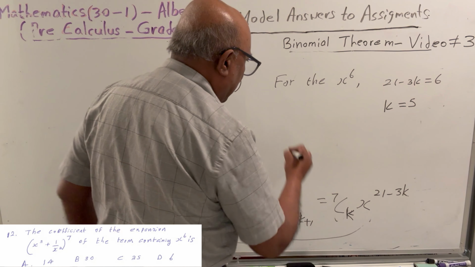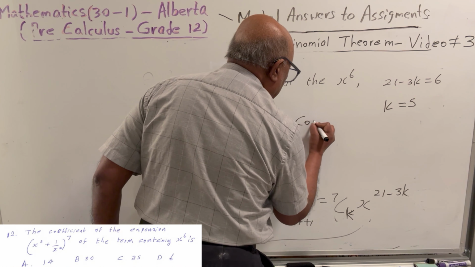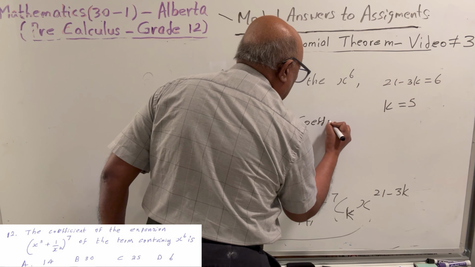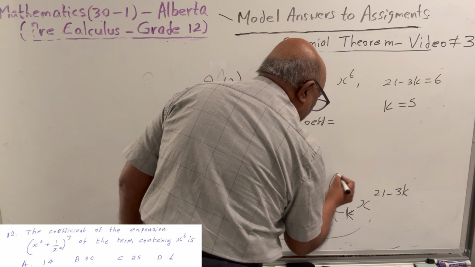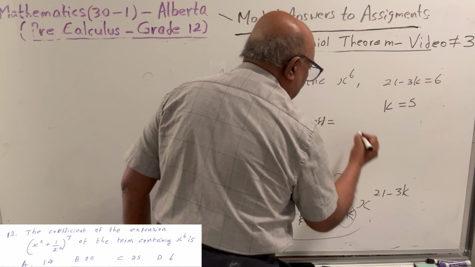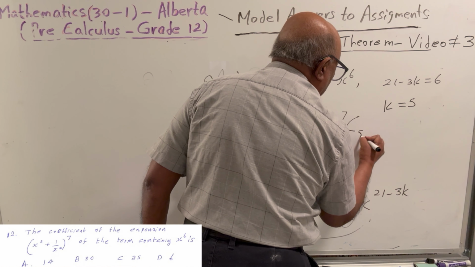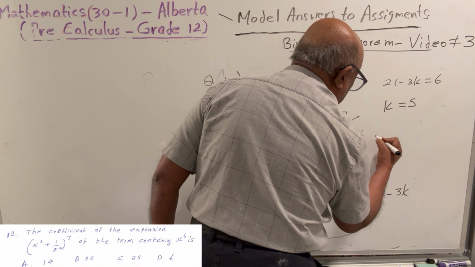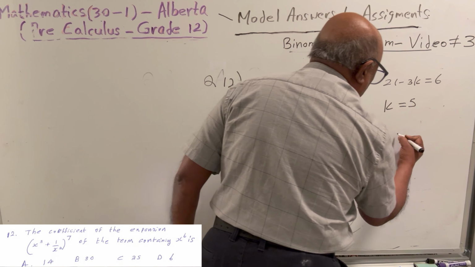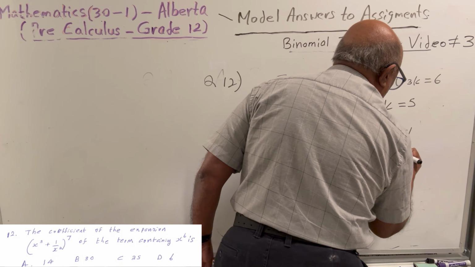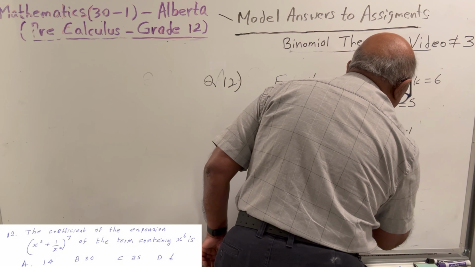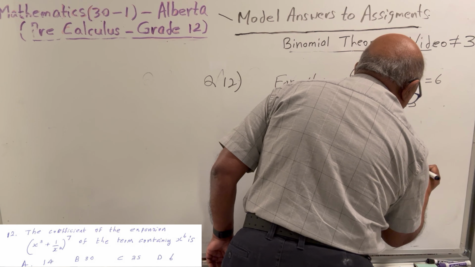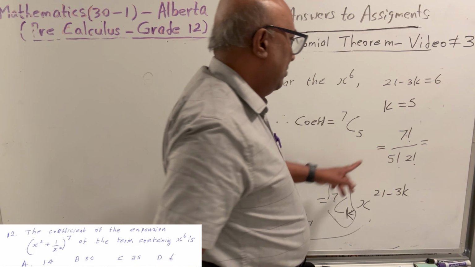That means what is the coefficient? Therefore the coefficient is 7Ck. There is no other term. 7Ck, 7C5. Let's simplify this. 7C5 is factorial 7 upon factorial 5 times factorial 2.